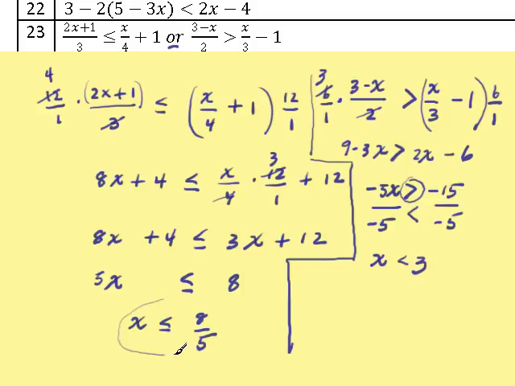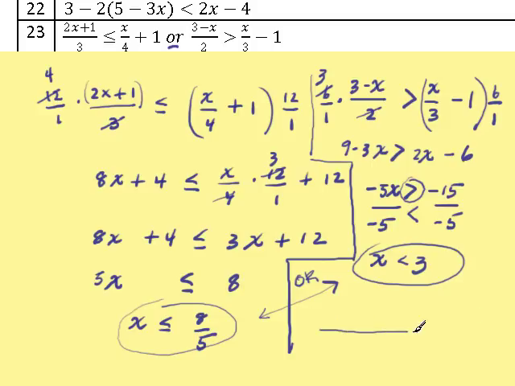Now let's look at these two inequalities. So we have x less than or equal to 8 over 5, or x, these are connected with an or, x less than 3. If we look at these on a number line, let's say we put 3 on the number line, that would be, let's say, here.